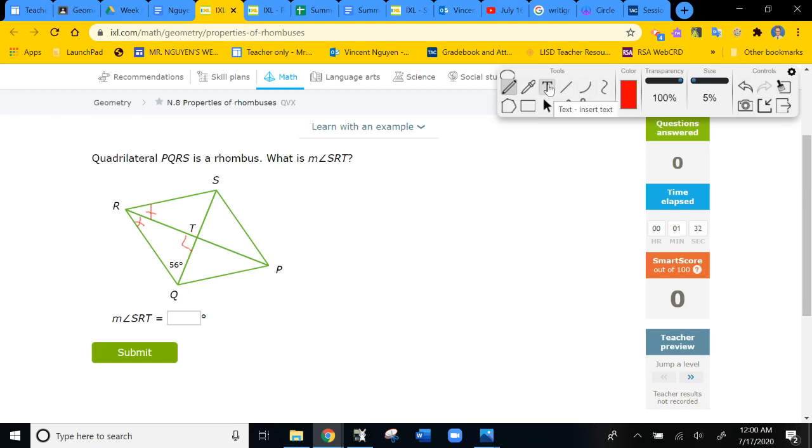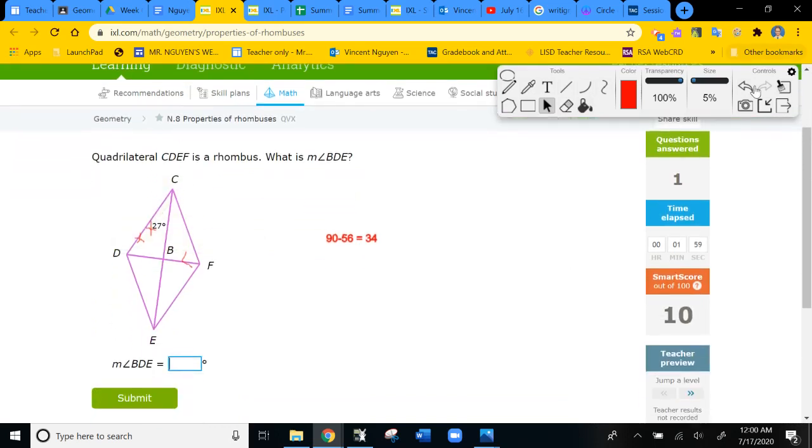So if we take 90 and subtract 56, we would get the other angle up here. So what is that? 34. 34 is my other angle. So I'm going to say that SRT is also 34 degrees. Let's type that in and see what we get. All right, wonderful.